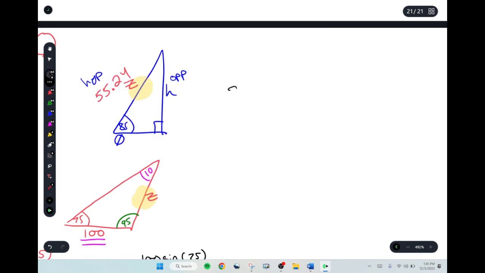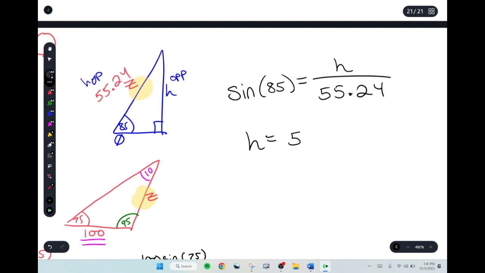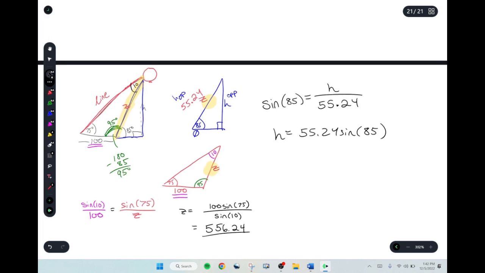What's that thing called? Sine of 85 better equal h over 556.24. So h equals what? Thank you so much.